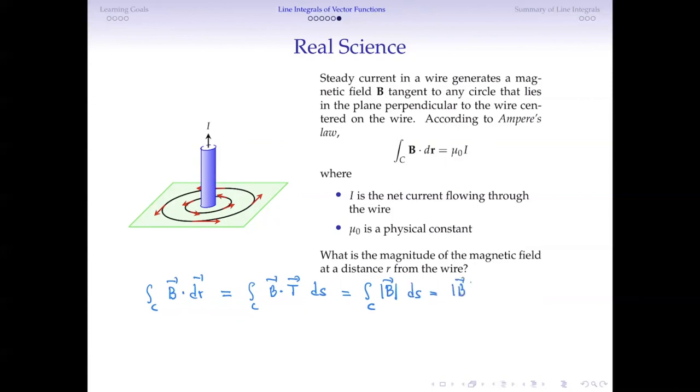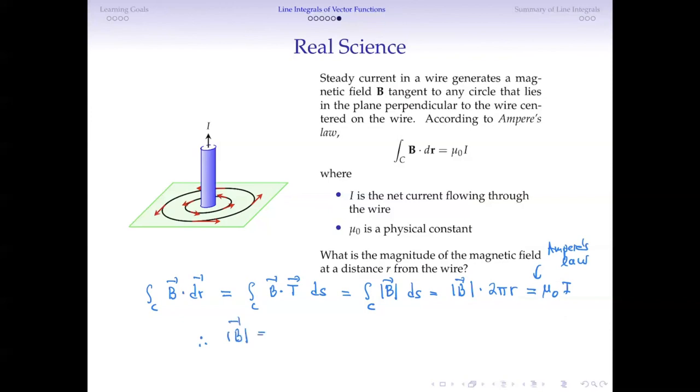So what is that? The magnitude of the B field is a constant, and the integral over the arc length is the perimeter of the circle, so that's 2 pi r. According to Ampere's law, that's equal to mu naught times I. So this is the point where we use Ampere's law. So taking this equation, I can now deduce what the amplitude of the magnetic field is, just by dividing by 2 pi r.